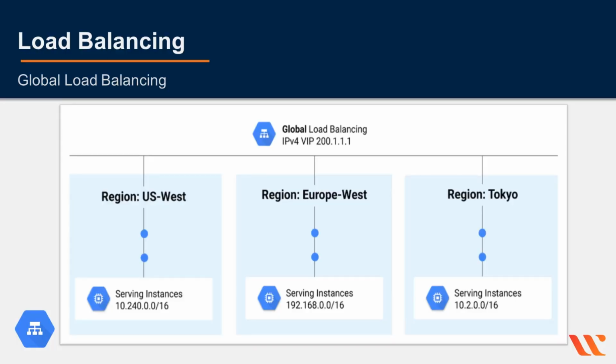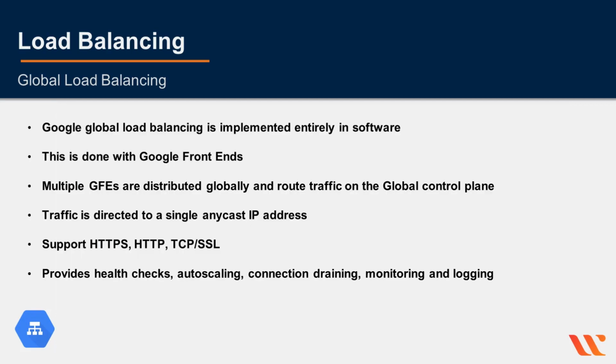In Google's solution, traffic is directed to a single anycast IP address and everything is in sync with the global control plane. The load balancing is done with something called Google Front Ends, and they sit at the edge of the network. These are distributed globally.